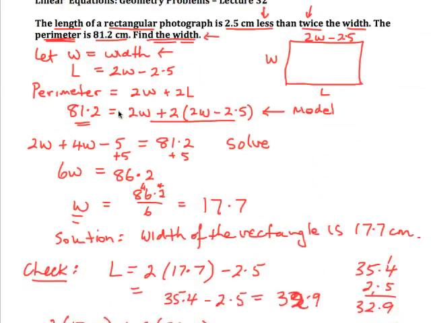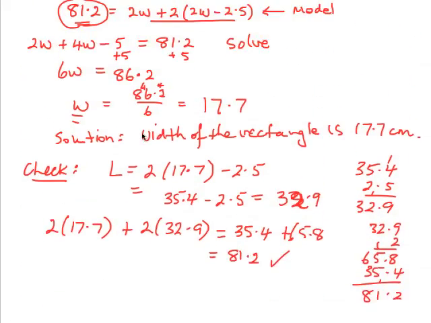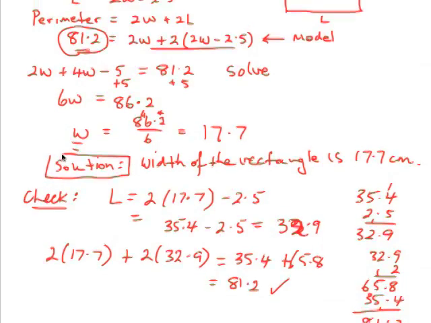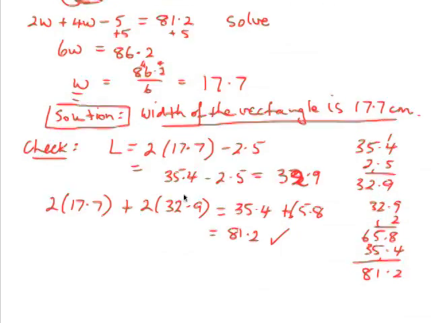Which is correct because that's in fact what my perimeter was. Alright, so that's how we checked. And make sure you remember that the solution is always written in terms of what the question actually asked.